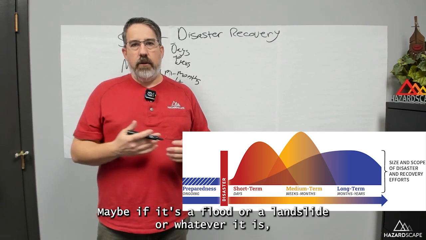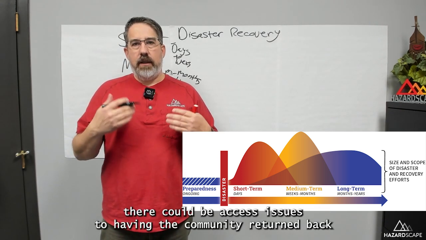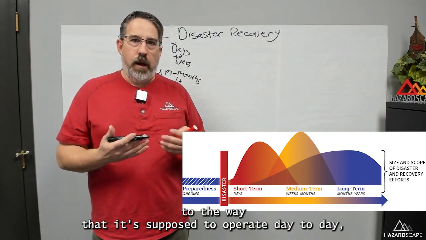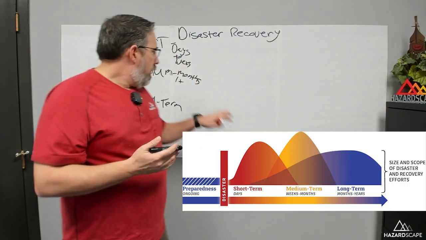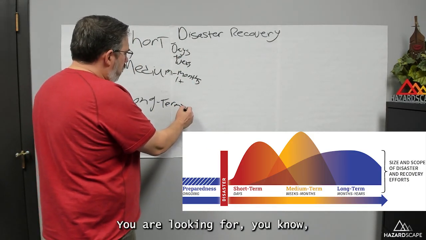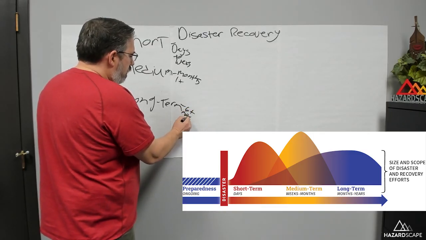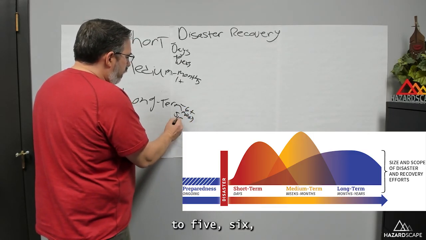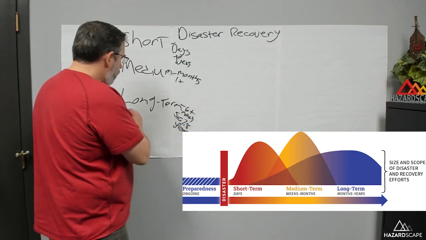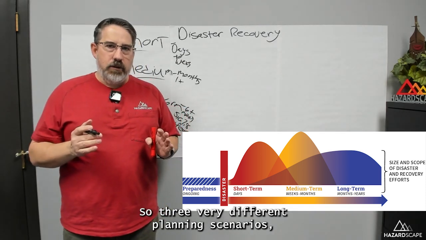Maybe if it's a flood or a landslide or whatever it is, there could be access issues to having the community returned back to the way that it's supposed to operate day to day. Long term, I would probably go 6 months to 5, 6, 7, 8 years. So 3 very different planning scenarios.